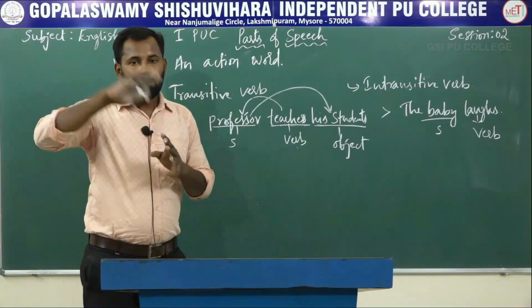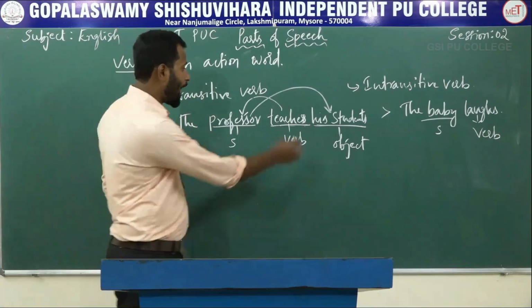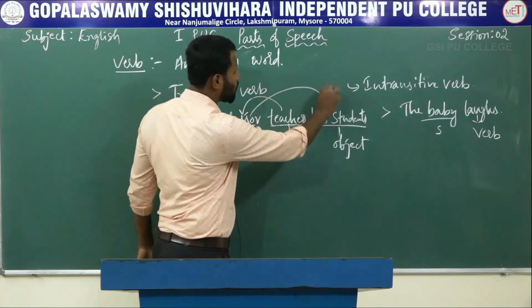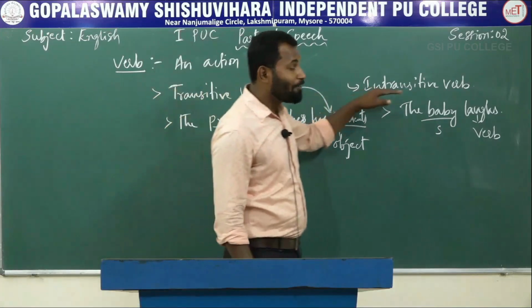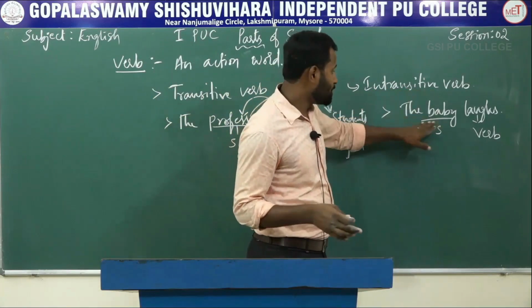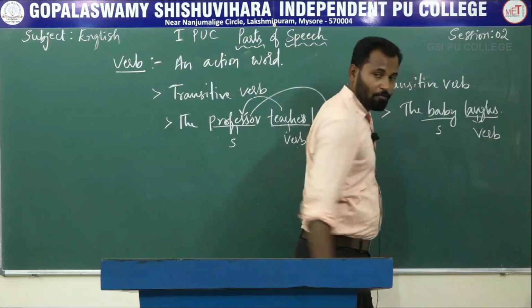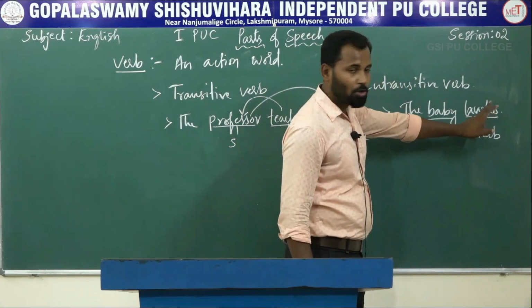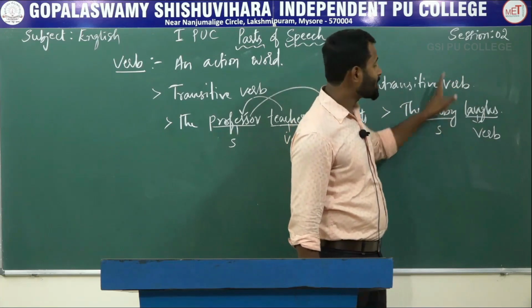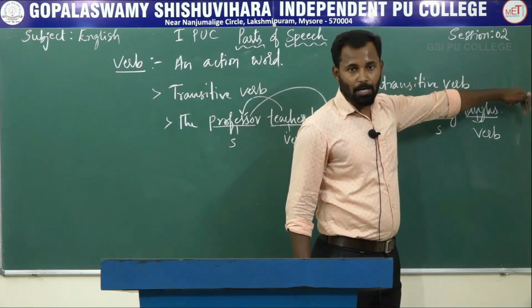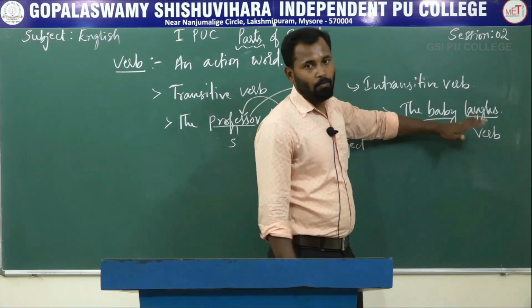Transitive is nothing but passing over. In the second sentence, laugh is a verb that shows an action. If the action of the subject does not pass over to the object, it is an intransitive verb.